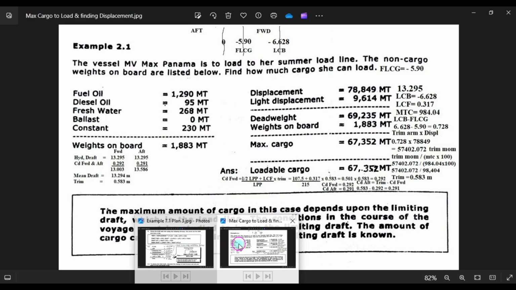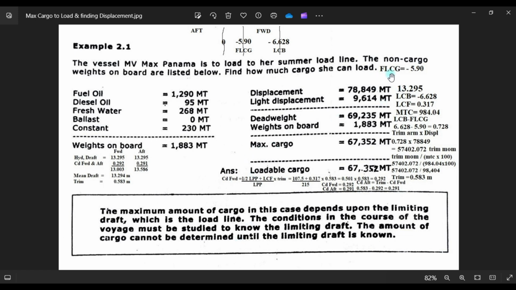So the final LCG will be negative 5.90 from midship. Negative means you're on the forward part of the vessel, and positive will be the aft part of the vessel. So this is your midship. Final LCG is negative 5.9, so negative 0.1 from midship up to this point here.